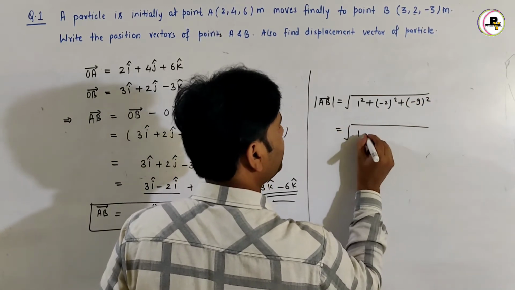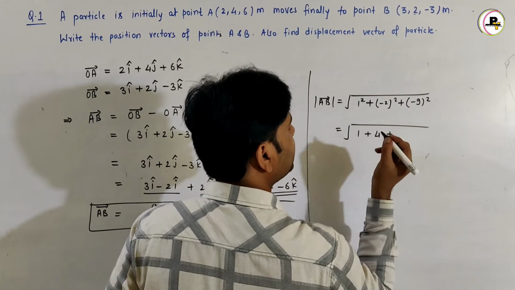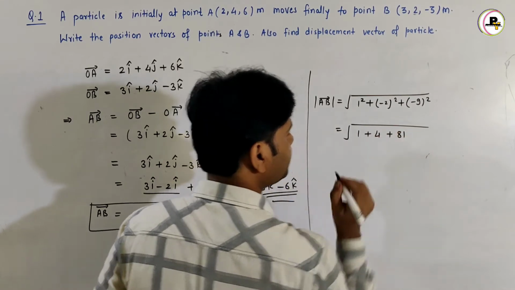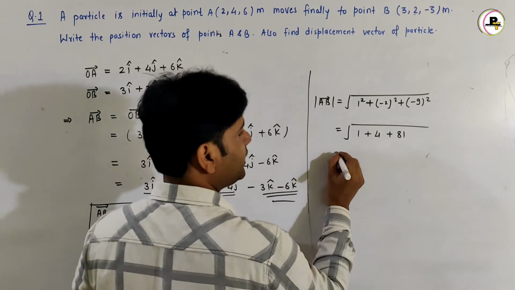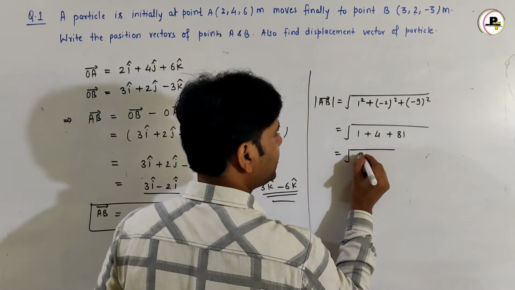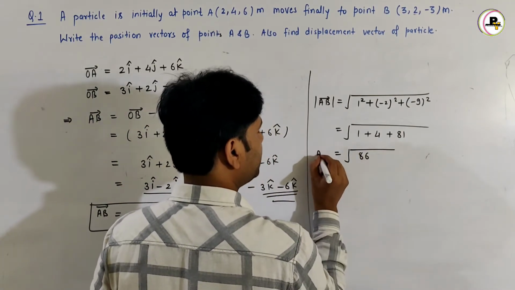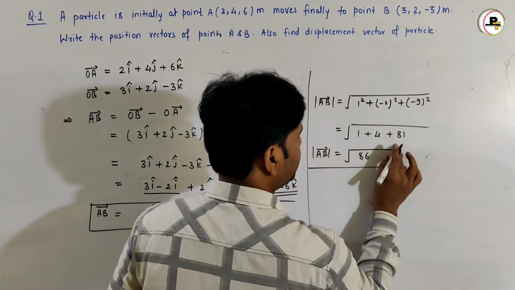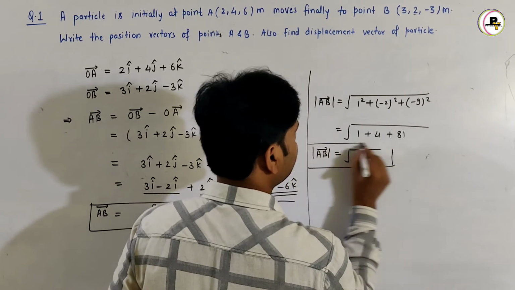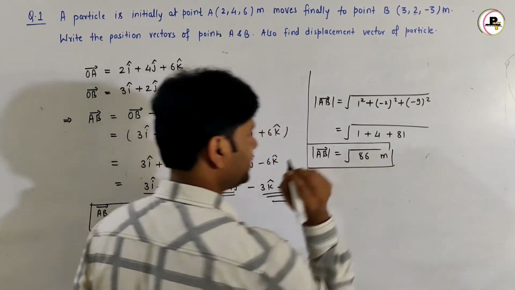Here I get 1 plus 4 plus 81. So if I add these terms, I get square root of 86. This is mod of AB vector. Now after taking the square root, I will get the final answer. This will be in meter.